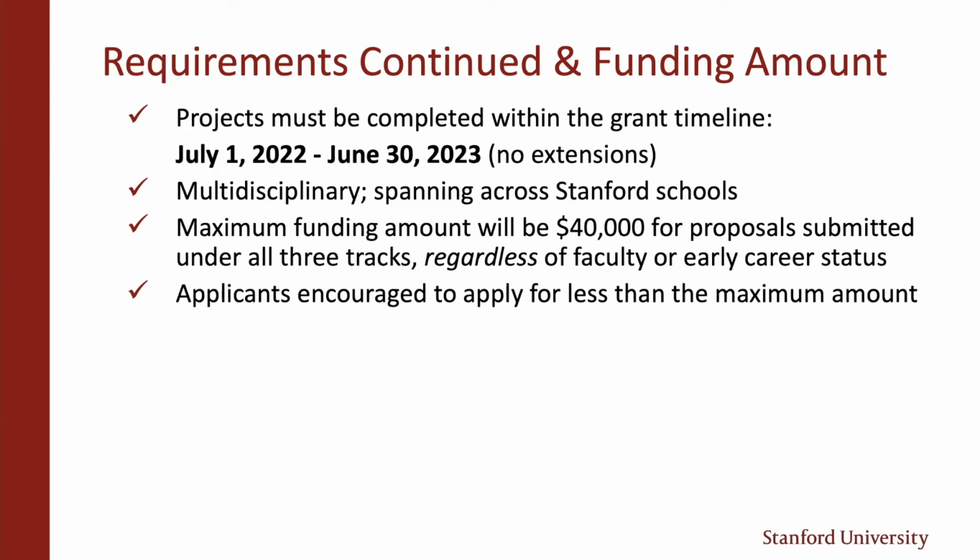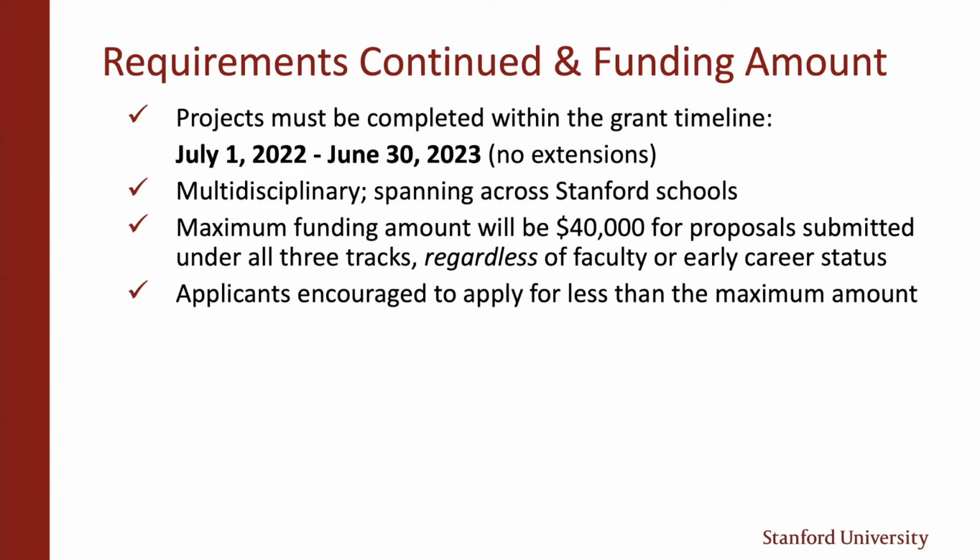As David mentioned, we're looking for grants that are multidisciplinary. So any projects that span across different Stanford departments and schools are fantastic. The maximum funding amount will be $40,000 per proposal under all 3 tracks. As mentioned before, this is regardless of whether you're faculty or an early career applicant; the maximum is $40,000 total.